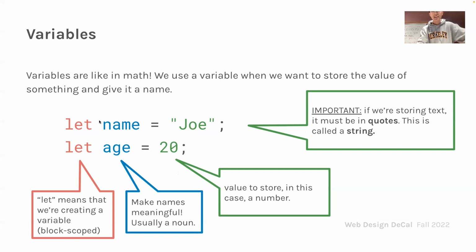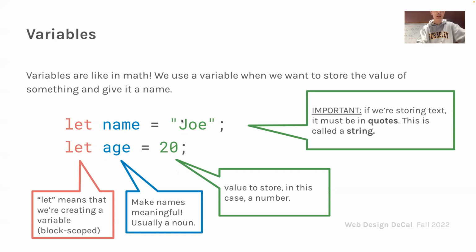By using quotes, we're telling the compiler that this is text. It's important to use quotes if you want to create strings or store text. If you don't use quotes, it'll look for a variable with that name. So keep that in mind.